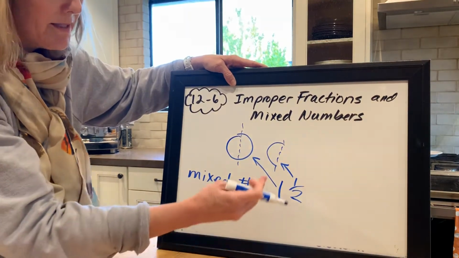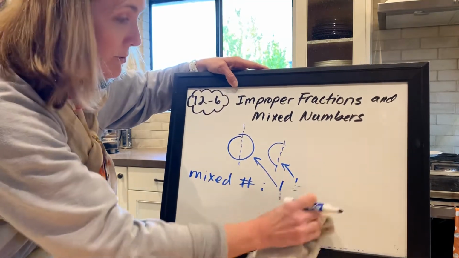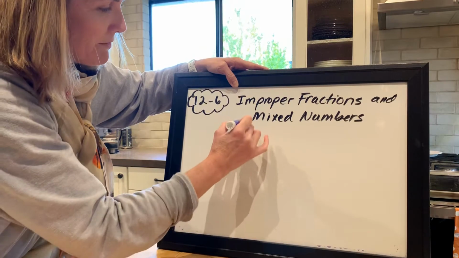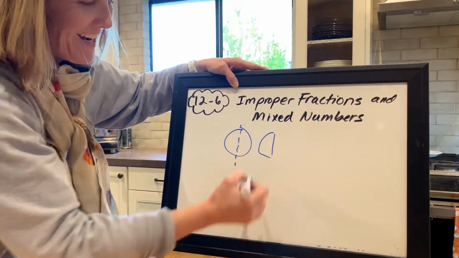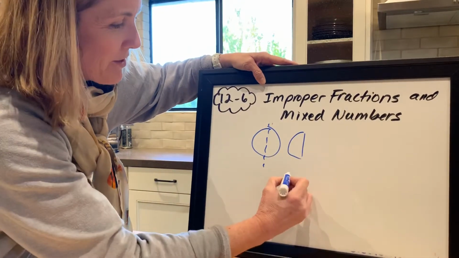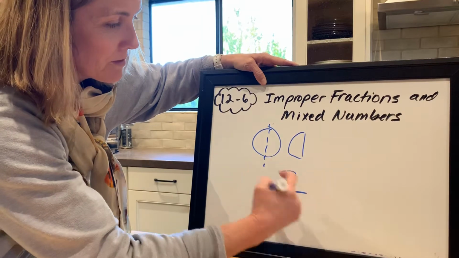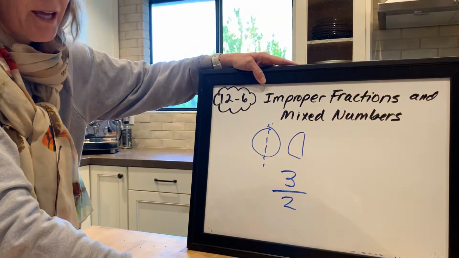Now, what does this look like when it's translated to an improper fraction? This is where it gets a little tricky. I erased my visuals, probably shouldn't have done that. I still have my 1 and a half oranges. I have 3 half oranges. It's going to be represented as 3 over 2. Then you're going to have to break this down.